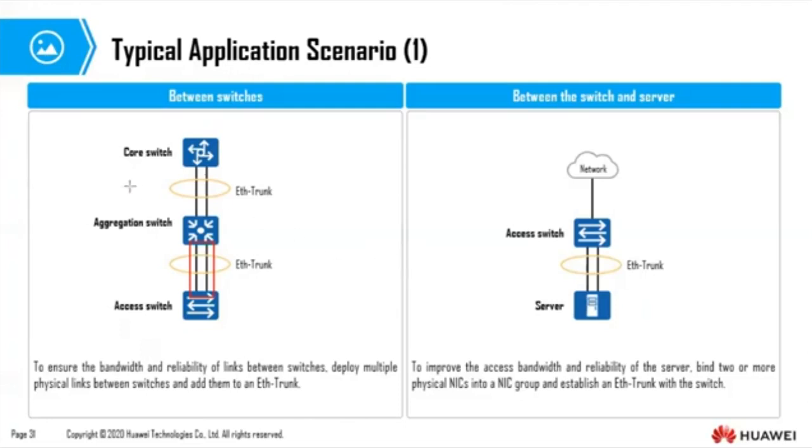Why do we say that we need to configure STP if we have a backup link between two switches? We have these two switches, and we have one link and a backup link. Why do we say that we need to configure STP in this scenario? What is STP used for?